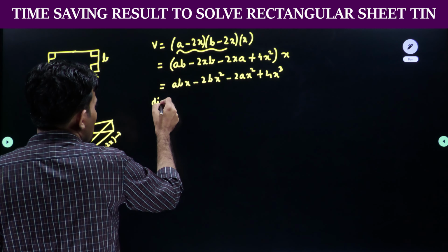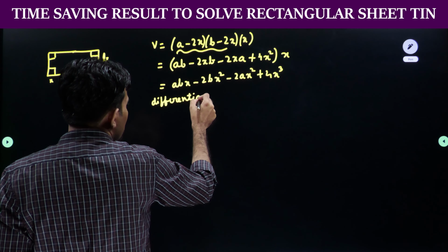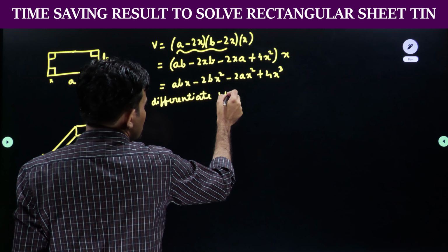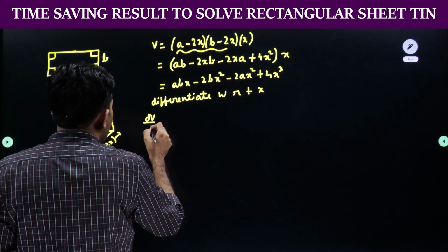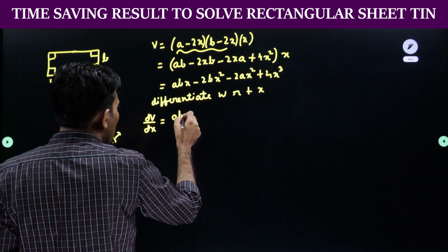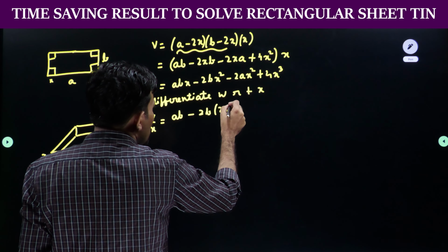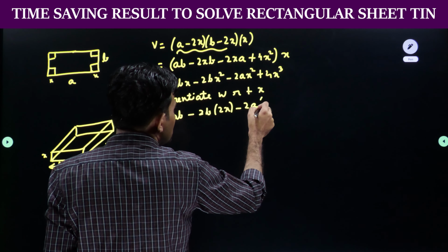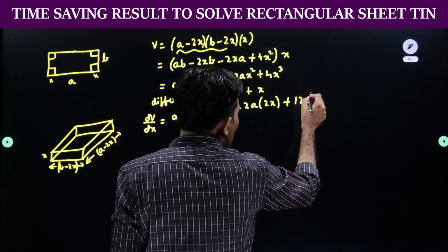Differentiate this with respect to x. What we get, dv by dx: the derivative of ABX is AB, minus 2B into the derivative of x square, 2x, keeping the constant as it is, and the derivative of 4x cube is 12x square.